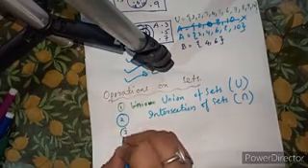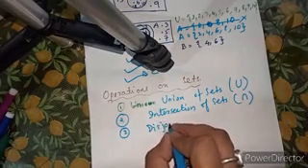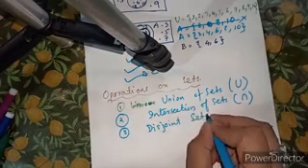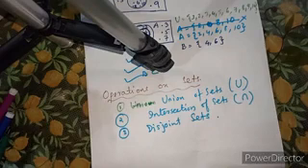And third, known as disjoint sets. Now let us try to discuss using a Venn diagram.